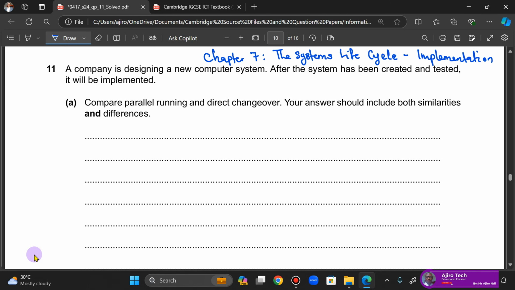Okay, so now in the implementation, let's look at similarities between parallel running and direct changeover. So what are these similarities? They are both methods of implementation.